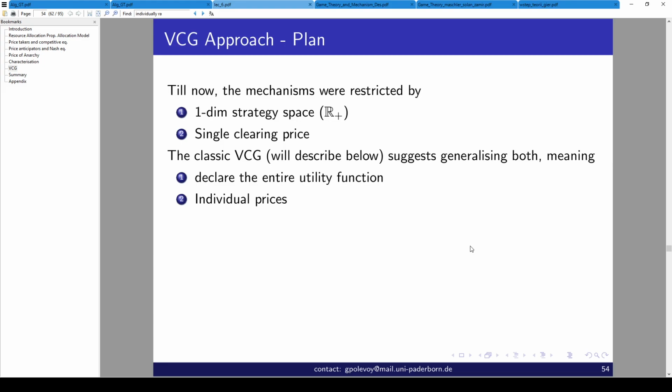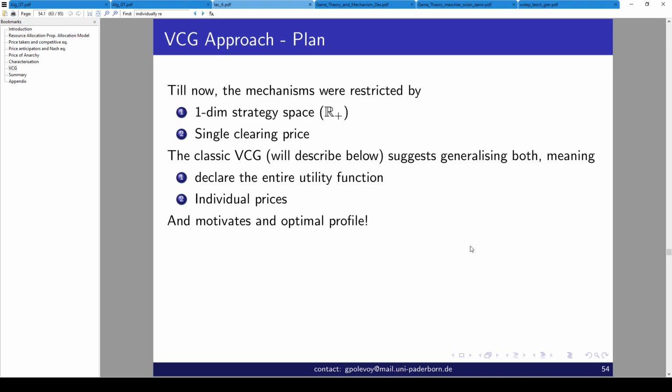And the result of such a mechanism is also individual prices which you have to pay, but they may be different for each individual. Then, given those, that mechanism motivates the players to play optimally.